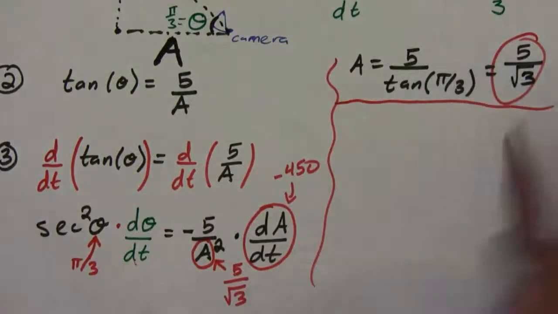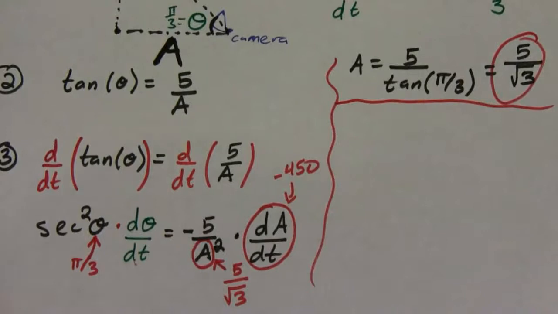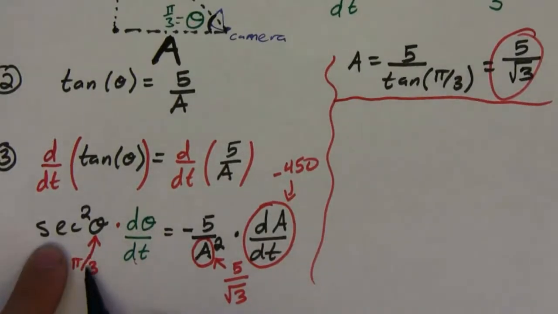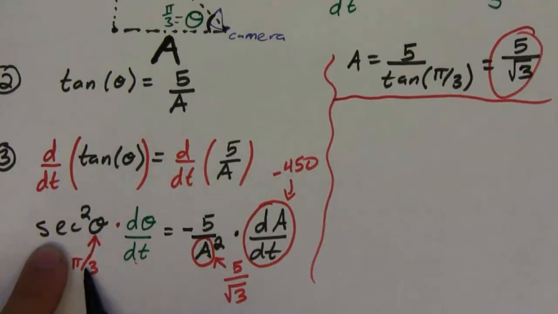Okay, so then I plug it all in. Secant, so remember secant is 1 over cosine. So cosine of pi over 3, that's 1/2.